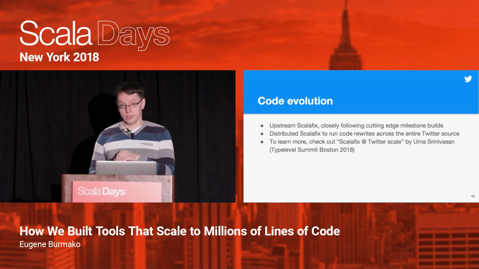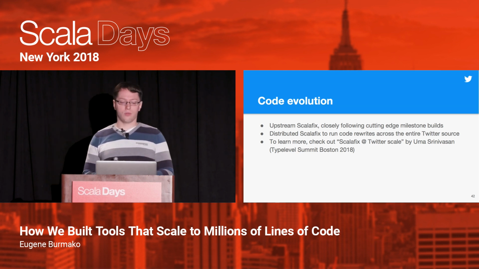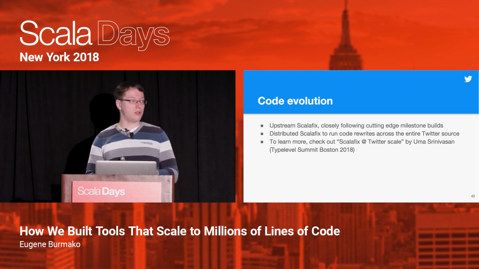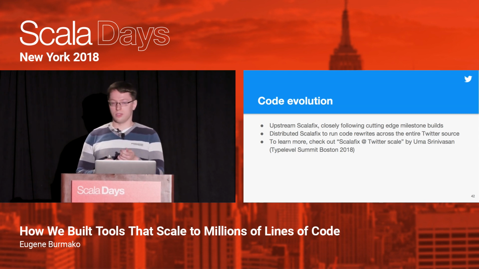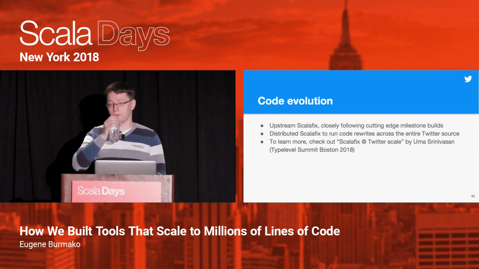I won't be going into details here, to leave time for questions, but there's been a talk by a member of our team, Uma, presented at Type Level Summit in Boston earlier this year, called ScalaFix at Twitter Scale. That provides more information about ScalaFix in general and how we're using it at Twitter.